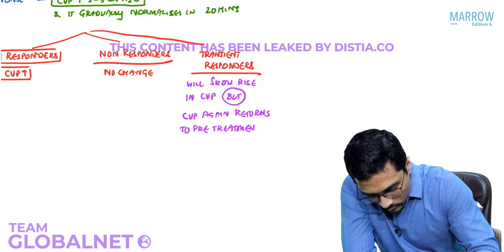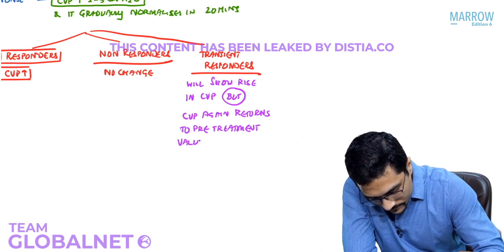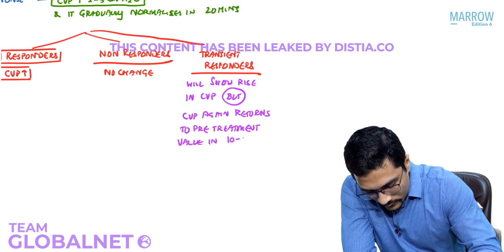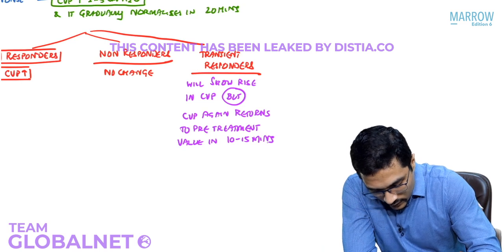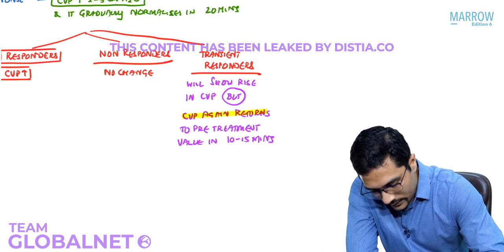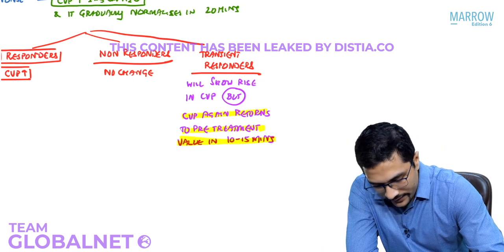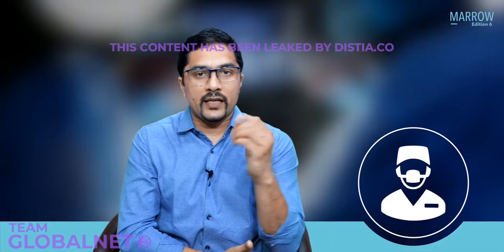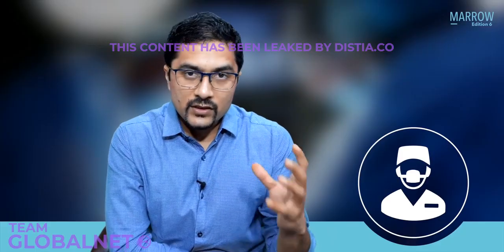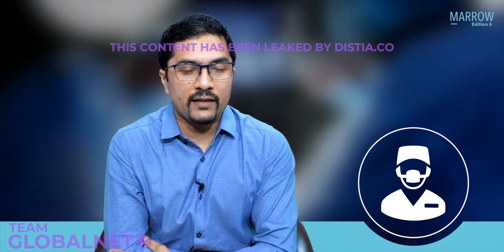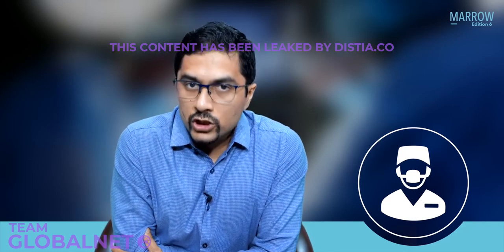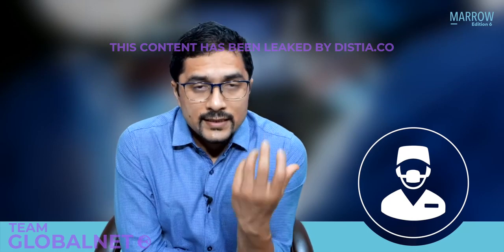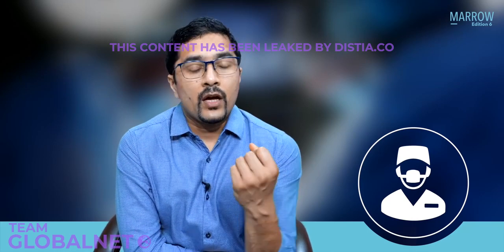That means again low CVP in 10 to 15 minutes. So initially they show a spike, they show an increase, but then it returns to the pre-treatment value in 10 to 15 minutes. So these are the three kinds of responses which we can get when we give fluids to a patient of shock.